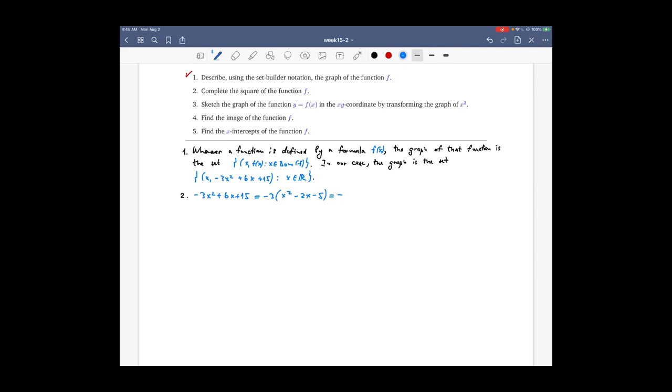And now, working only inside the parentheses, I see that I have, in this term, twice the first number times the other number, and I see that the other number is negative 1. So I need to add the square of the other number and subtract the square of the other number so that they cancel out.